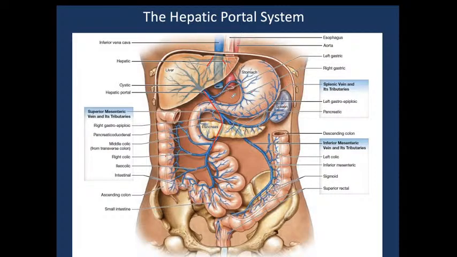The largest vessel of the hepatic portal system is the hepatic portal vein. Here, this is the name, hepatic portal vein. And it delivers venous blood to the liver.